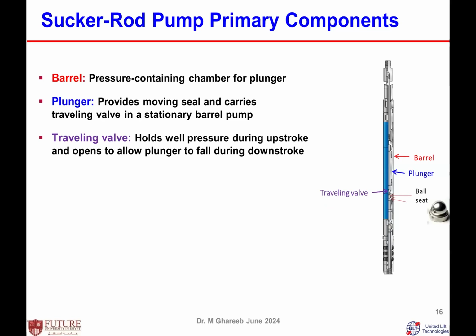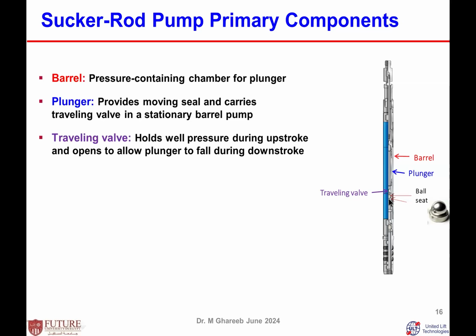Then we have plungers, barrels, and the traveling valve. The traveling valve is just a valve. It's a ball plus seat, just a normal ball and seat, like in these pictures, inside a small container, and all of that is called a valve.